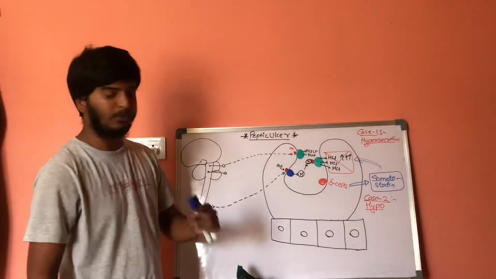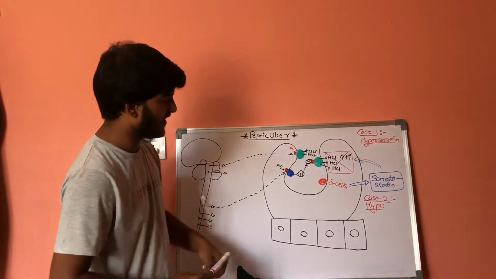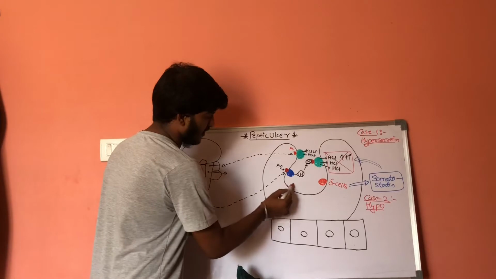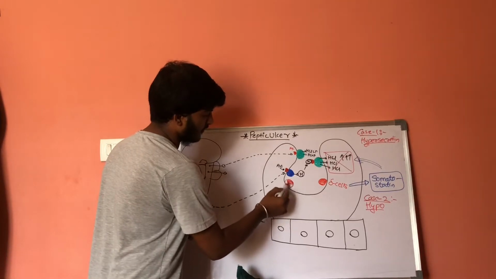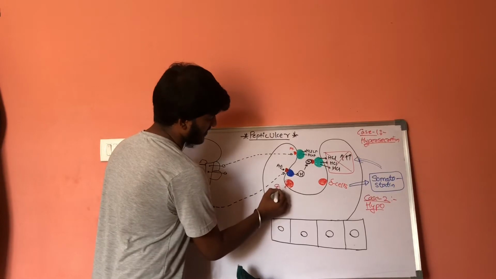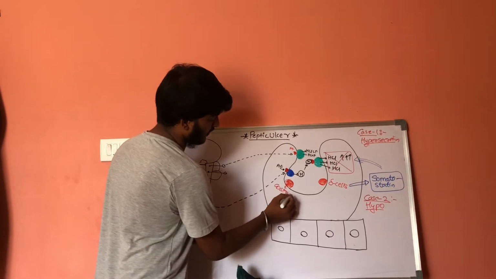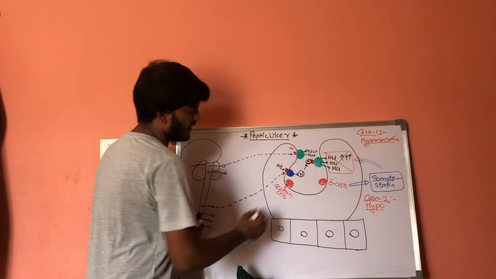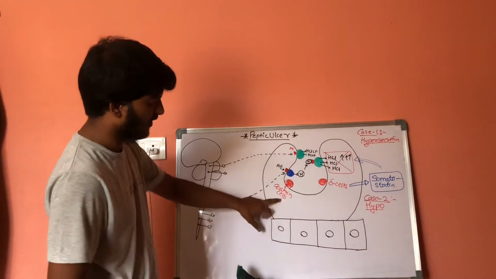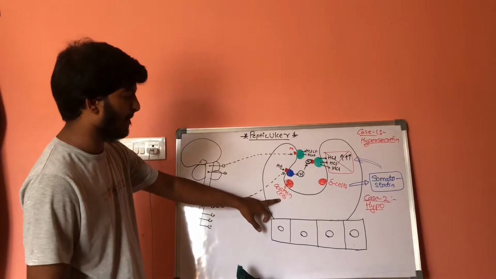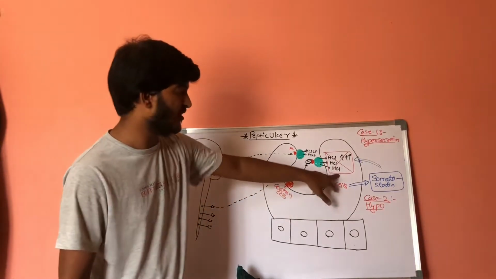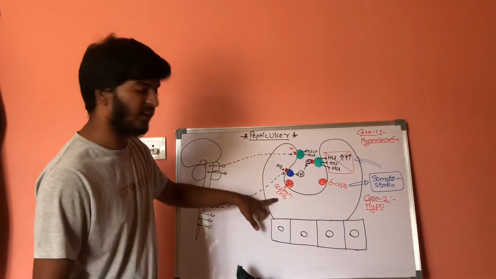So in pyloric mucosal cells, there are special cells present. These special cells are called gastrin cells. In absence of HCl, these gastrin cells will release gastrin.